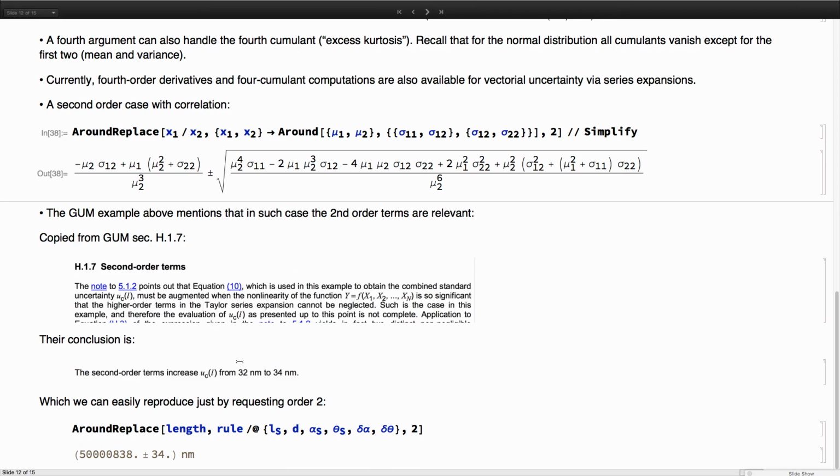And then they have many more computations here, right? So with around replace, we can just put a 2 here, and the result, which they say, well, the result changes from 32 to 34 nanometers. Well, we just got the 34, just by changing here to 2.